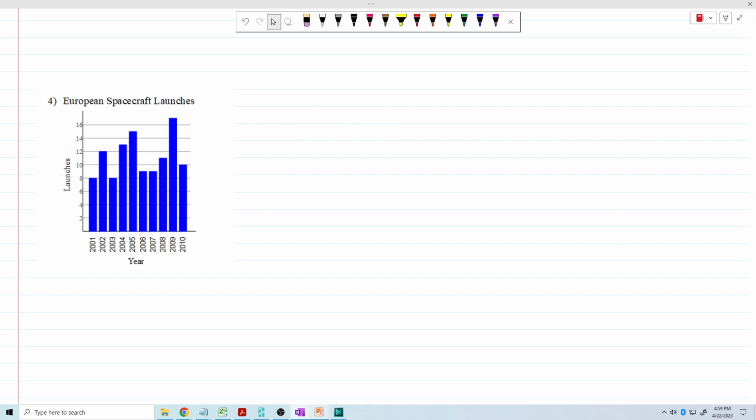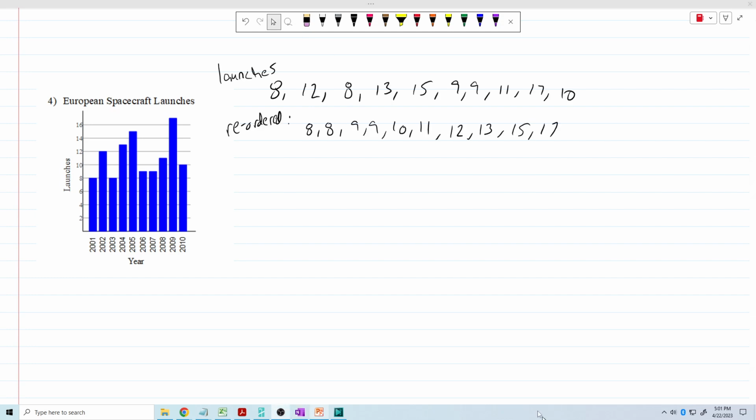So let me write those out real quick. Anyways, back here, I just wrote out 8 in 2001. There were 12 in 2002, etcetera. For each bar, there's 10 bars.